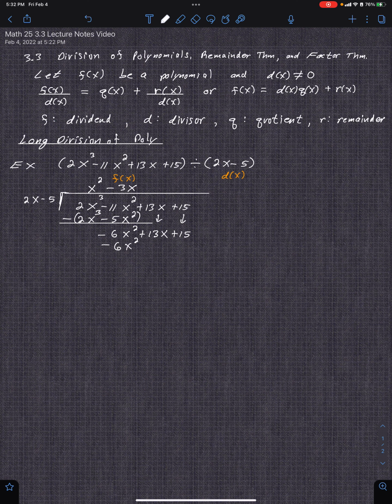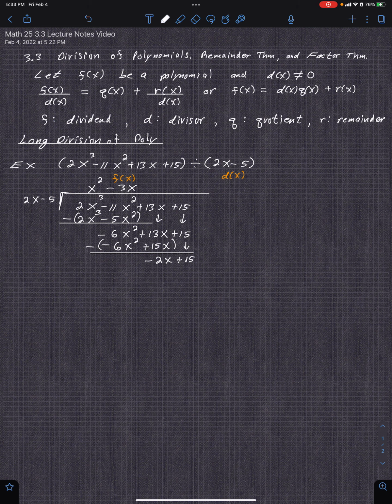And you do the multiplication in your head, but you actually need to think about that. And then 3 times the 5 is 15, which is positive. So it's positive 15x. And then you subtract that. So you change the signs and add, and you get 0, of course, and then negative 15 plus 13 is negative 2x. And then we bring down the 15.